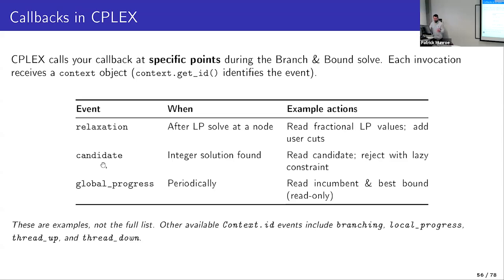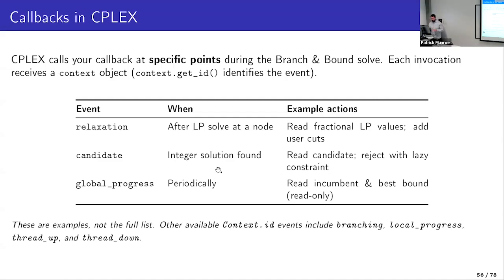Another one is candidate, which means that it's when CPLEX finds a new feasible solution. One use case of that is when you want to use lazy constraints. Again, I don't think we'll have time to cover lazy constraints today, but the idea is that when CPLEX finds this new candidate, your function is called, and you write some algorithm that says, for example, I want to add a new constraint that will reject this solution.